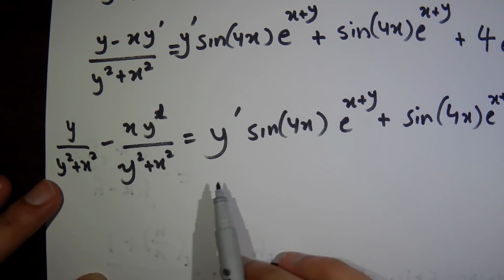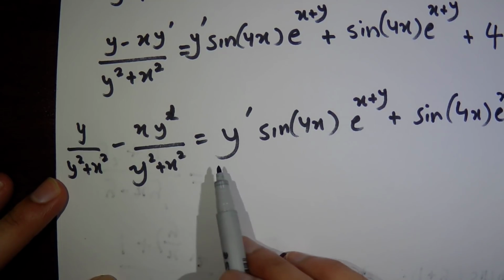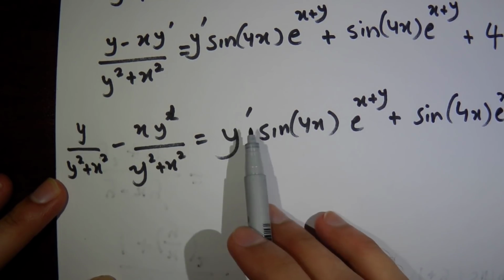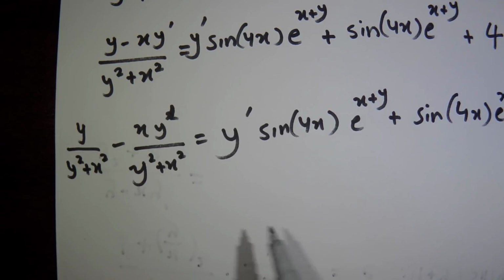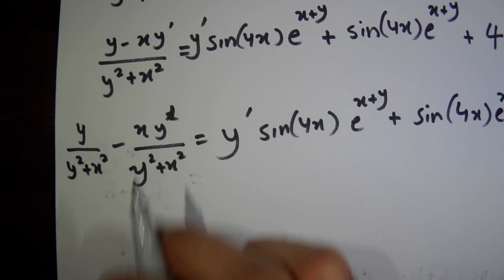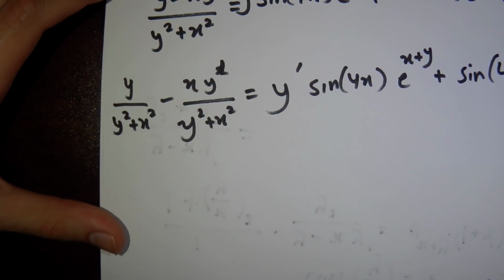Now I have two terms in all my functions combined, which include the y prime. So I'm going to get them on one separate side, factor out the y prime, and make it the subject of our equation.